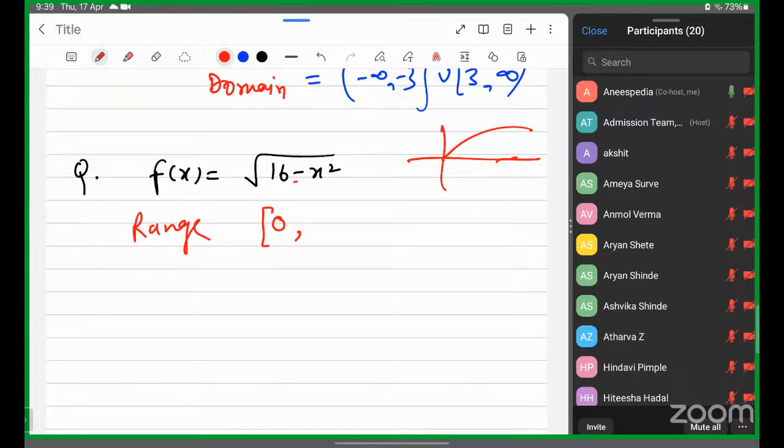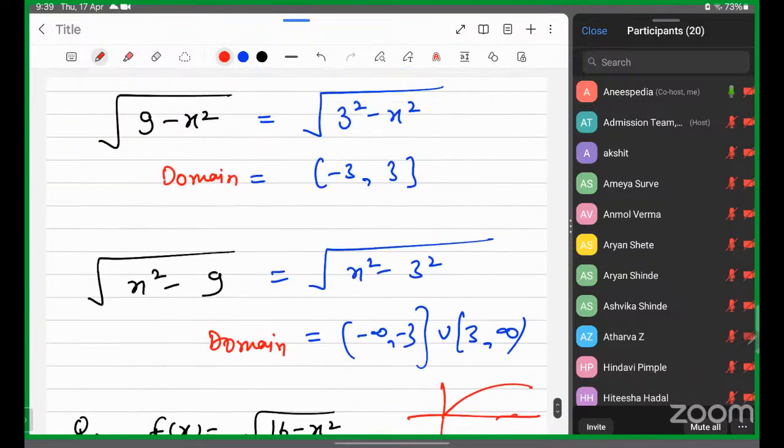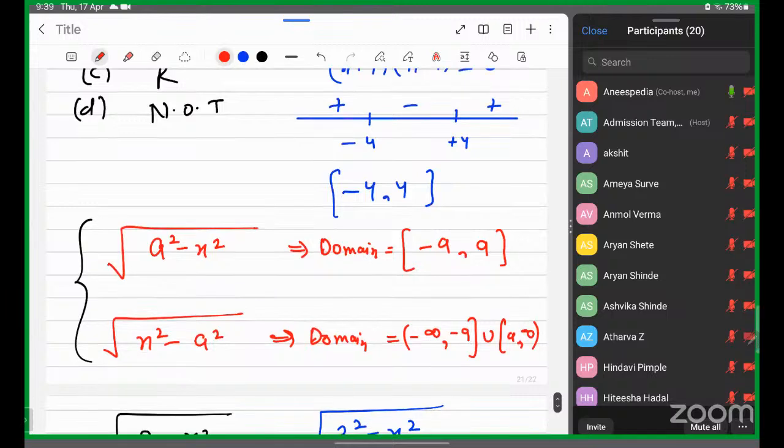If we increase the value of x, it will be 0 at 4. Its domain is between -4 to 4. At extreme points -4 and 4, it will give 0.